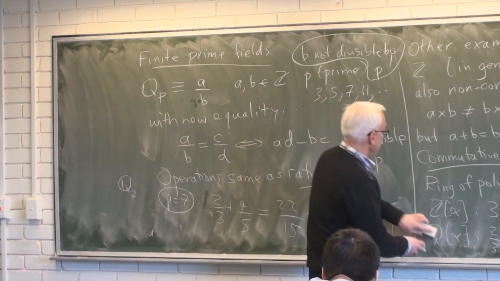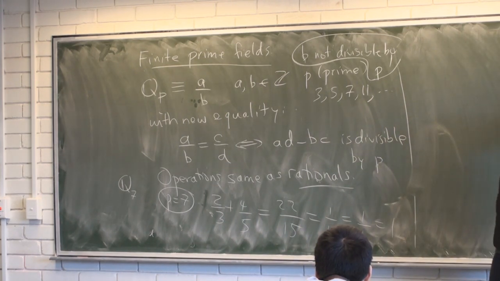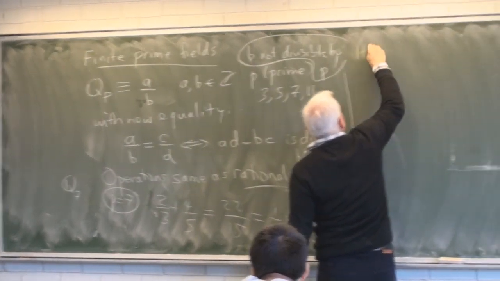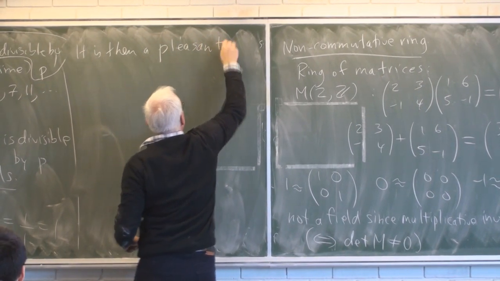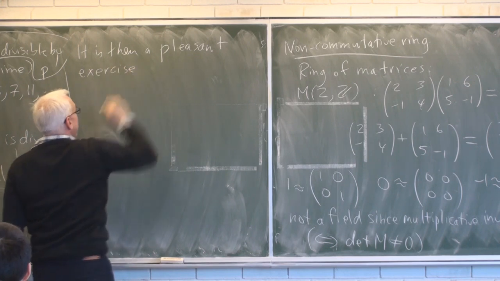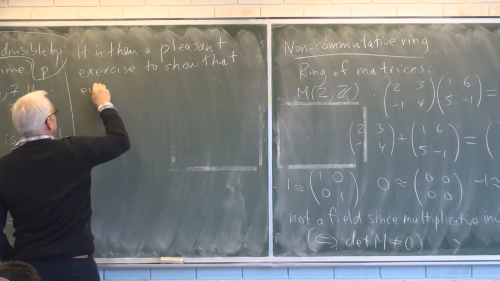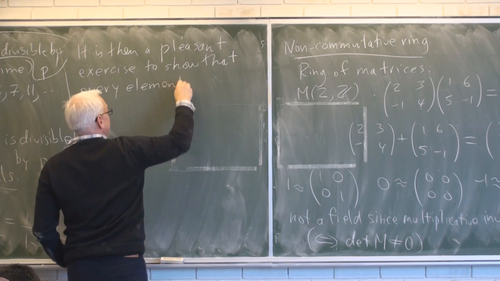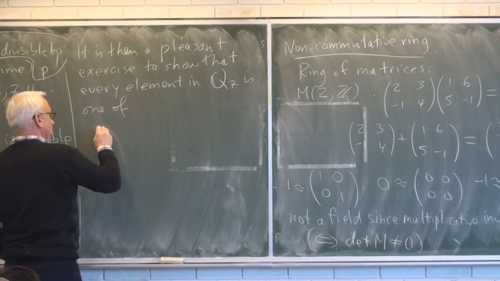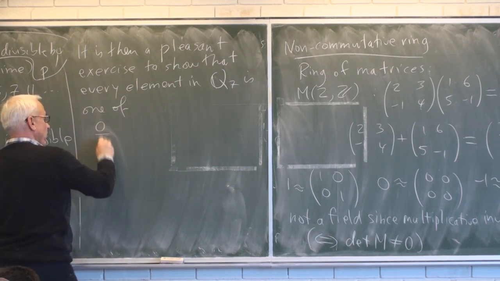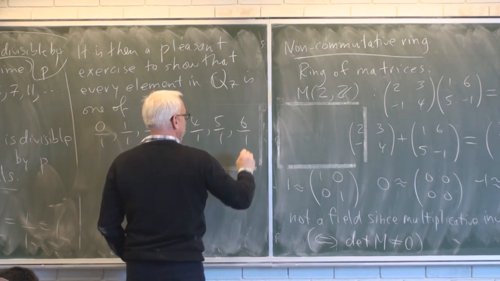So it's a pleasant exercise to show that every element in, say, what we're calling Q7 is one of the following list: 0 over 1, 1 over 1, 2 over 1, 3 over 1, 4 over 1, 5 over 1, 6 over 1.